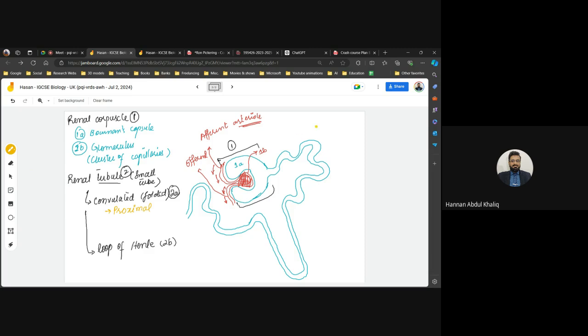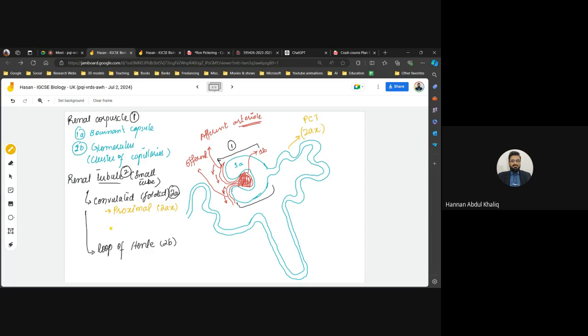I would mention proximal as 2AX. So this one is the proximal. The complete name is proximal convoluted tubule, or PCT.